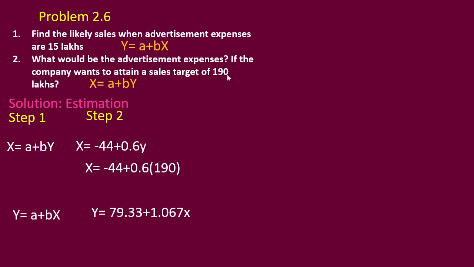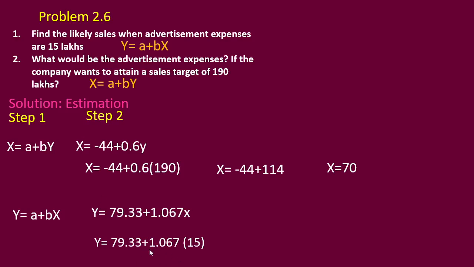The sales target they have given is 190. On simplification, minus 44 plus 114, x equals 70. X means advertisement cost, remember once again. And the simplification of this, we should apply the value of x. X means advertisement cost; they have given the advertisement cost as 15 lakhs.